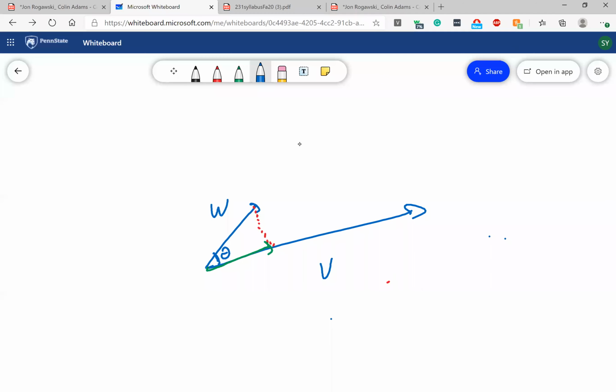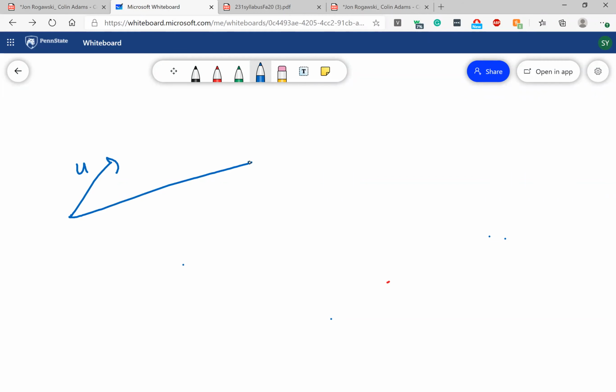Here, let me go here. So, yeah, let's imagine here's my U, here's my V, and I am trying to find this over here, which is the projection of U onto V. So first, it's useful to find the component of this projection, so not the vector, but just this length.